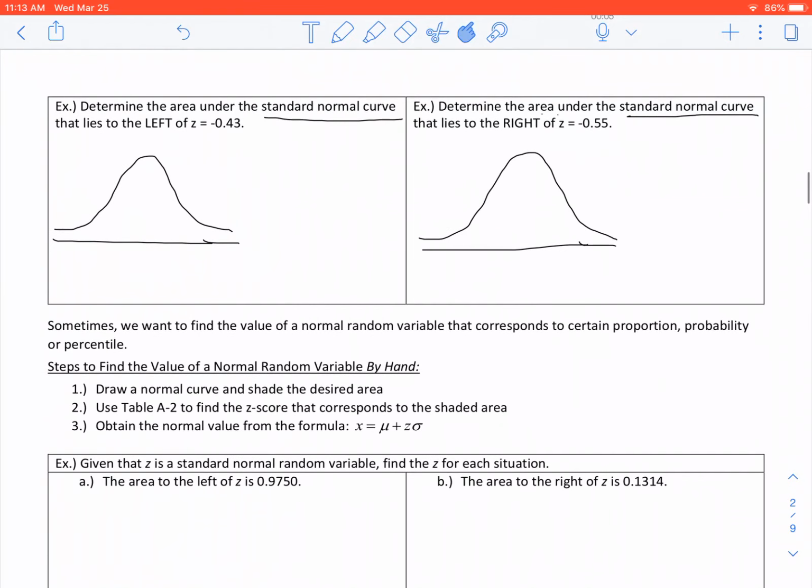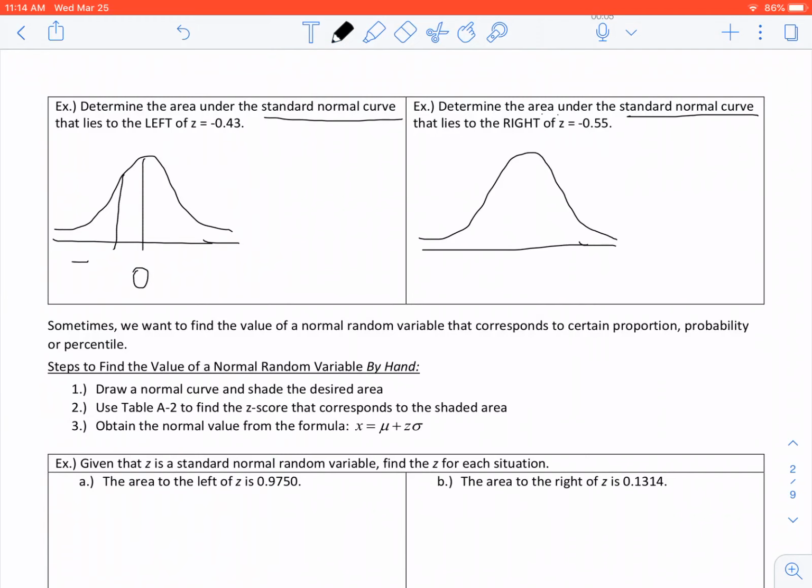At the top of page 3. And so the first one here says determine the area under the standard normal curve that lies to the left of z equals negative 0.43. So I'm going to go ahead and say it says standard normal. So if it's a standard normal curve, that means that the mean is 0. And my z value here is negative 0.43, which is on the left.